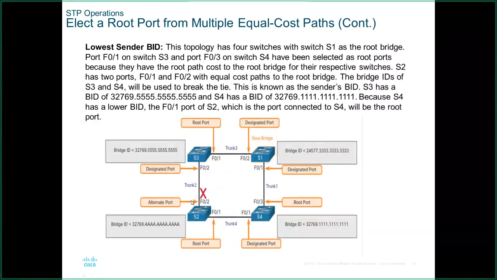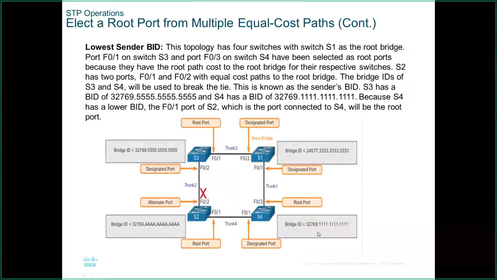So the path going this way, all right, so the sender's bridge ID, so switch 3 has 555 and switch 4 has the same priority but 111s.